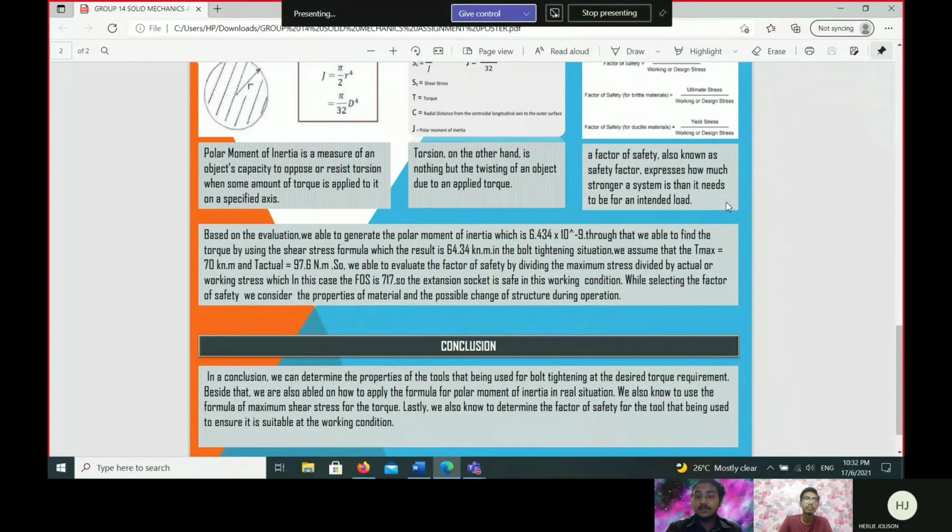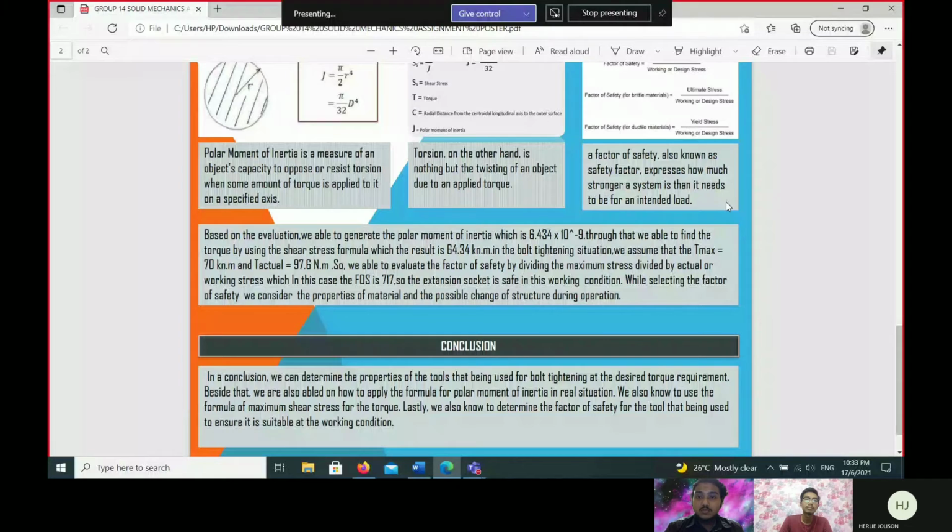While selecting the factor of safety, we also consider the properties of material and the possible change of structure during operation. And finally, in conclusion, we can determine the properties of the tools that are used for bolt tightening at the desired torque requirement.